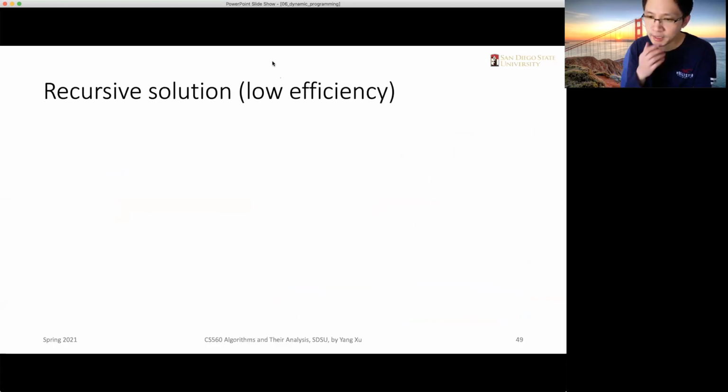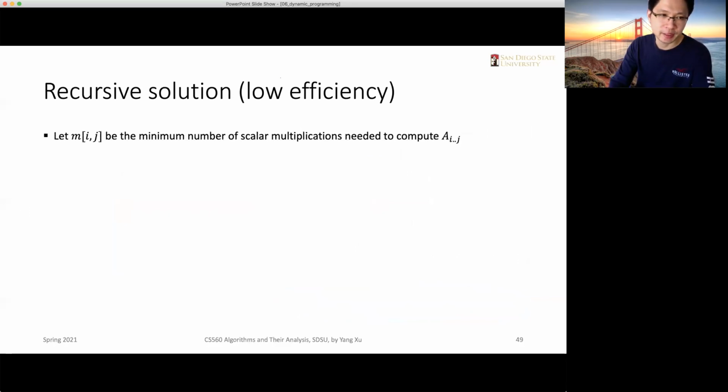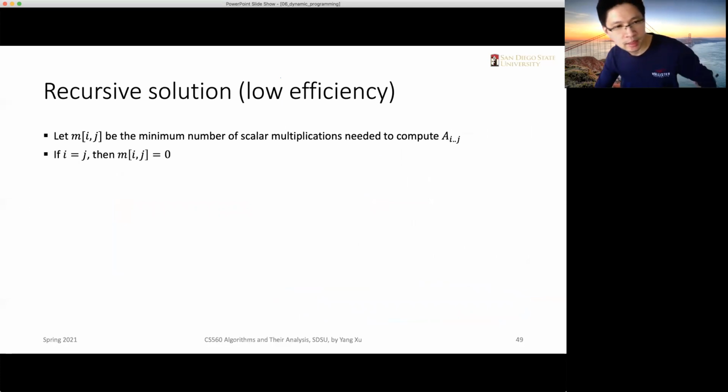So now, given this equation, we can come up with a solution very easily. Let's look at a low efficiency recursive solution. We let the element in the ith row and jth column of the table M be the minimum number of scalar multiplications needed to compute the subchain from Ai to Aj.